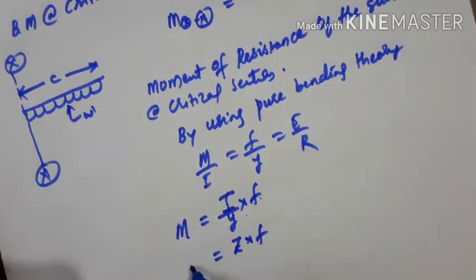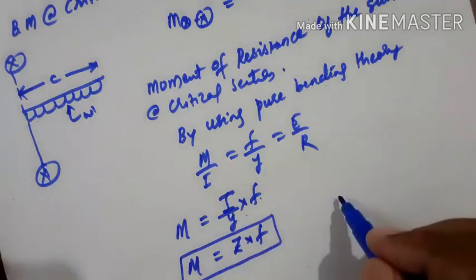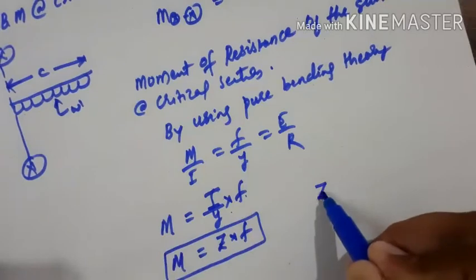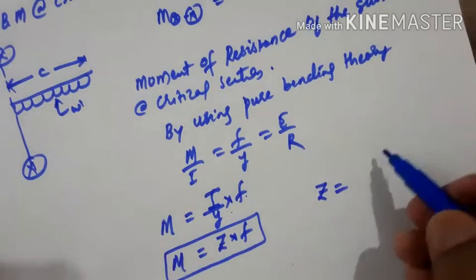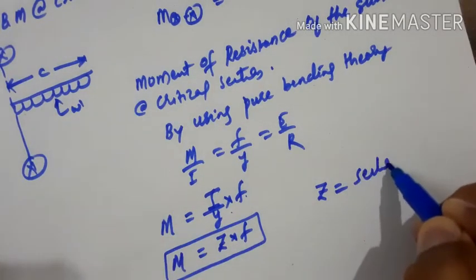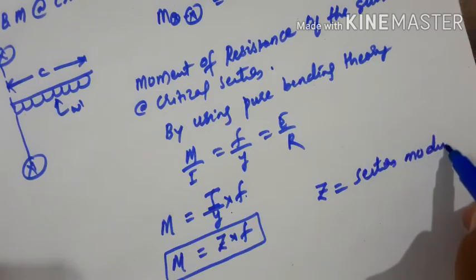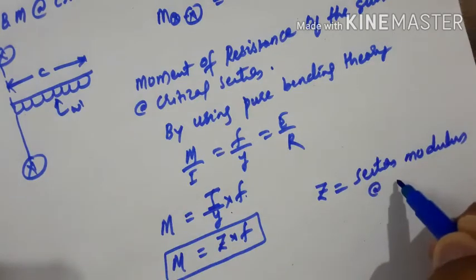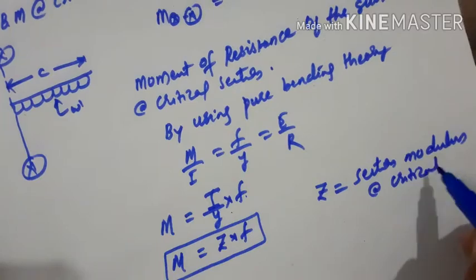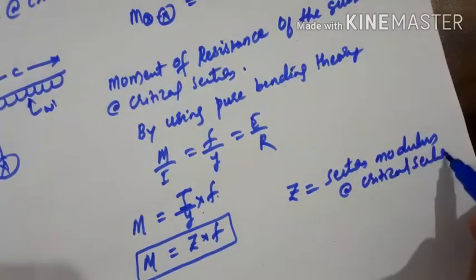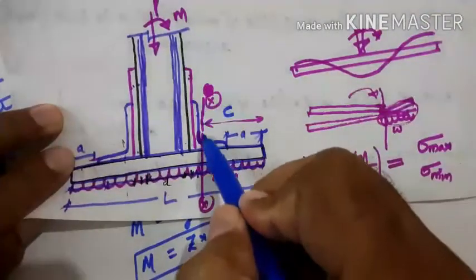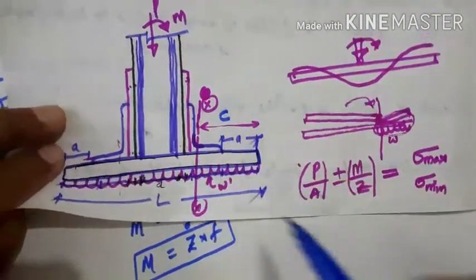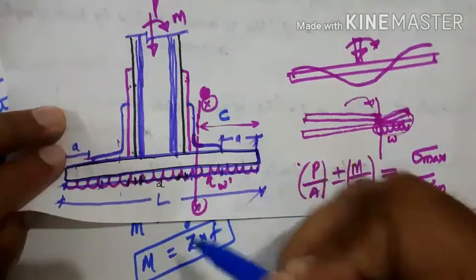This is the moment, where Z is the section modulus at critical section. So you have to calculate the section modulus at the critical section xx here.